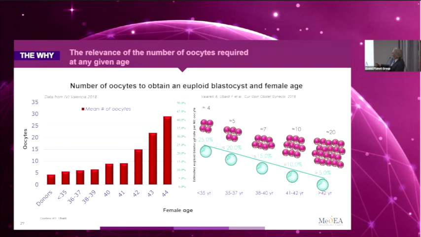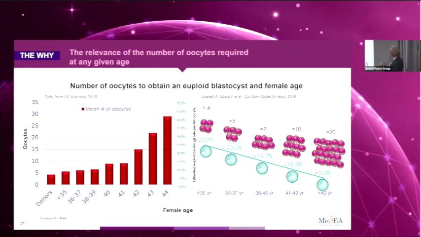At the same time, for counteracting this decrease in the euploidy rate, you need more eggs. But you need more eggs at the moment when you have fewer eggs in the ovary, fewer follicles. So you need more follicles, more eggs for counteracting aneuploidies, but you don't have follicles because the patient is aging.